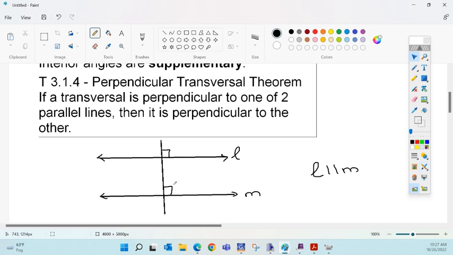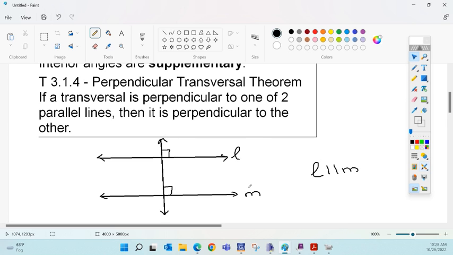Those that I just drew in, what was the special word that starts with a C, besides not congruent, but the special name for those that I just marked? Beautiful, thank you. They're corresponding angles. So it just makes sense that they would be congruent. We could do a proof of it if we needed to. Because we have L parallel to M, this one would be 90. They're corresponding angles, so therefore the other one will be 90. And so we can have a proof like that if we needed to.